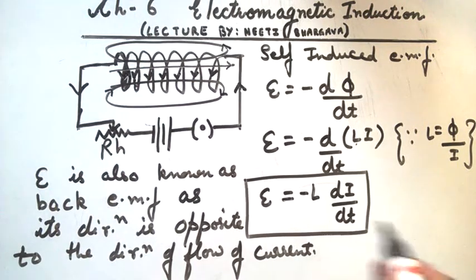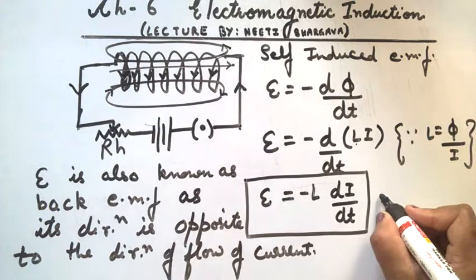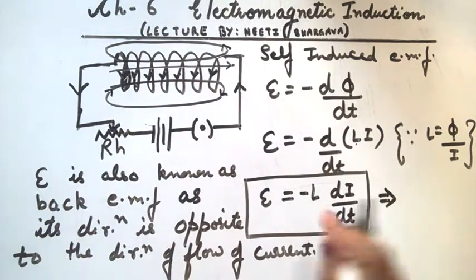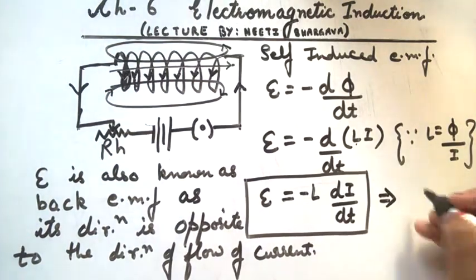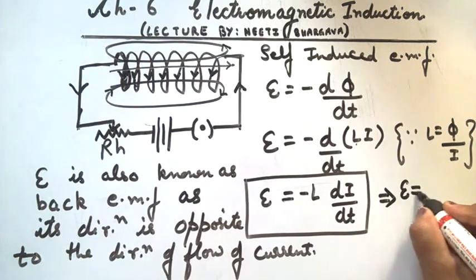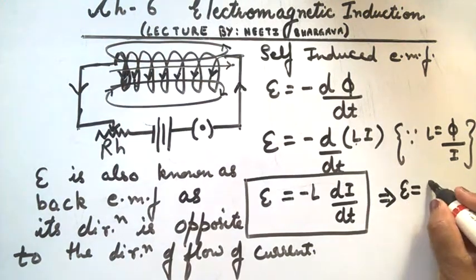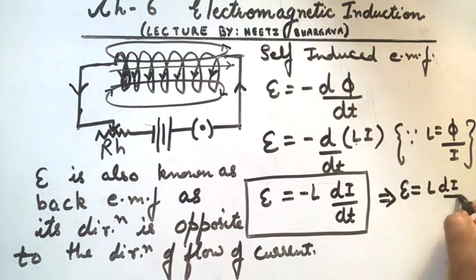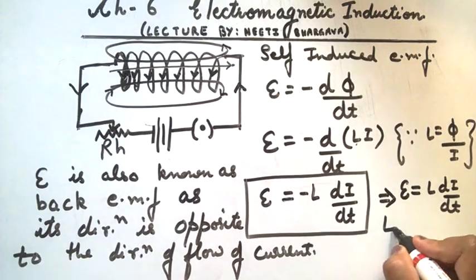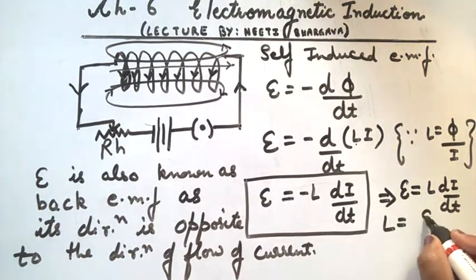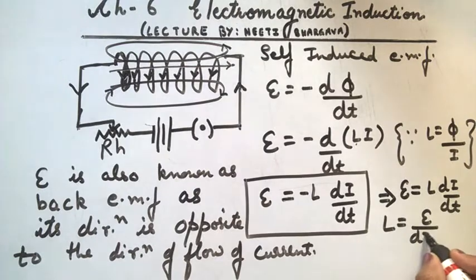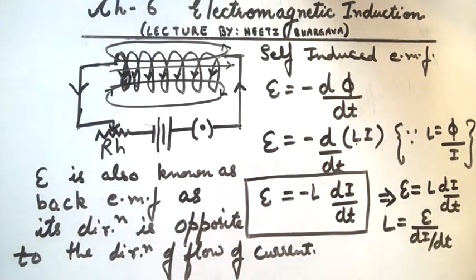Or we can also write it in its magnitude form, that is, induced EMF equal to L di by dt. By this, L is equal to E upon di by dt.